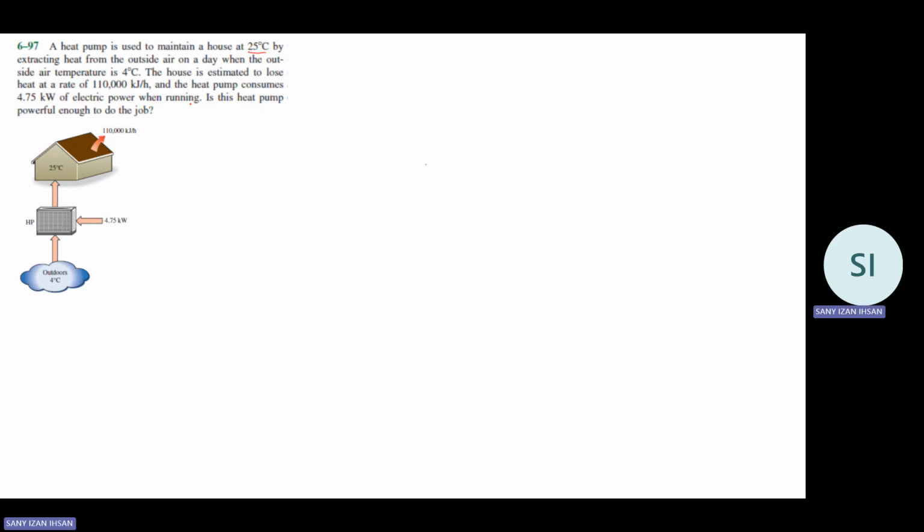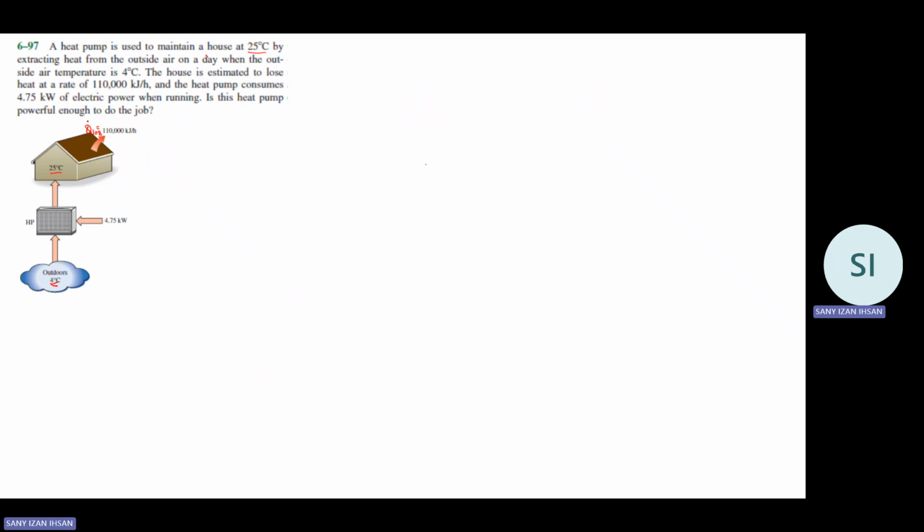So the house is to be maintained at 25 degrees by extracting heat from the already cold area, which is 4 degrees Celsius outside. The house is estimated to lose heat at the rate of 110,000 kilojoule per hour. So this is our Q loss, in rate form. So Q dot loss is 110,000 kilojoule per hour, and the heat pump consumes 4.75 kilowatt.